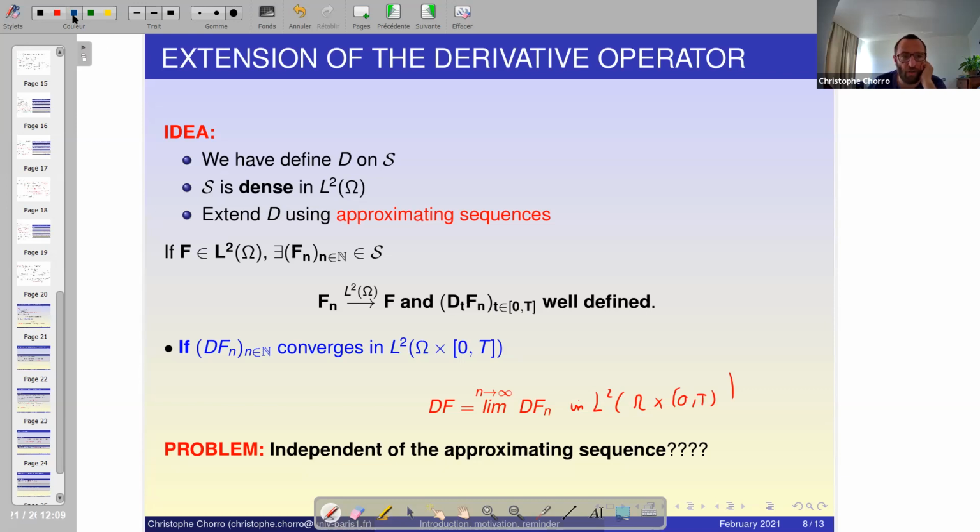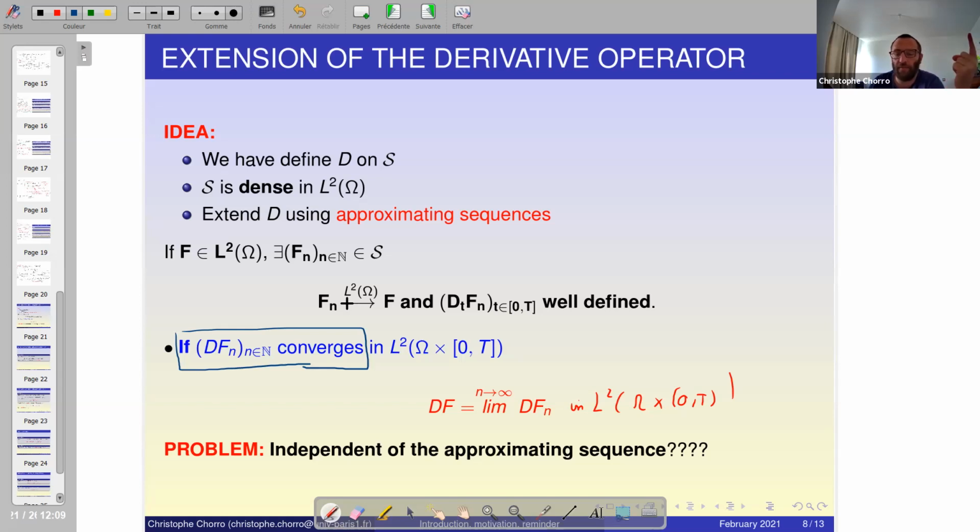But you see that you have a condition. If the limit exists, then it is natural to define D of F as the limit of the derivative of my approximating sequence. And it's the idea we are going to explore in the next slide.